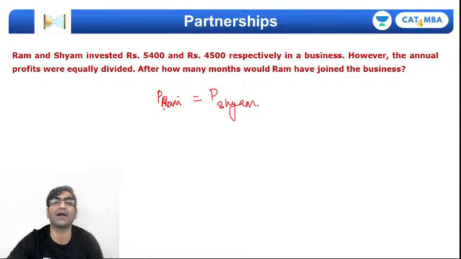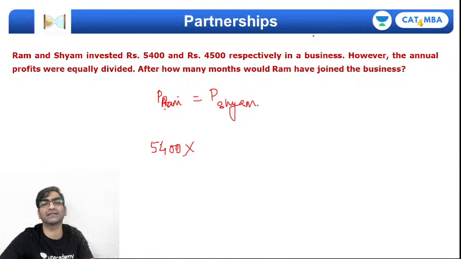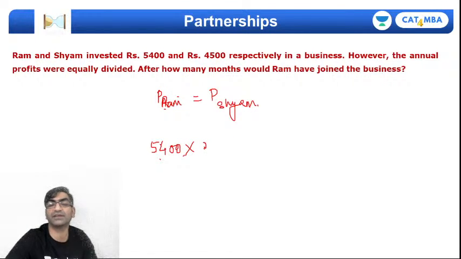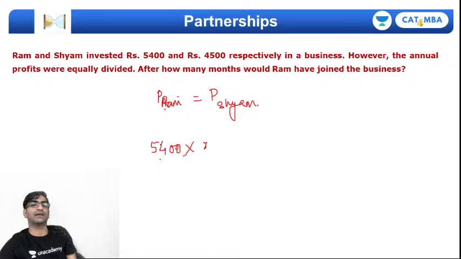Ram gets a greater share, but to make their profits equal, you'll have to multiply them with unequal times. So Ram will invest for less time, let's say X, but Shyam invests for the entire year, so that's going to be 4500 into 12.